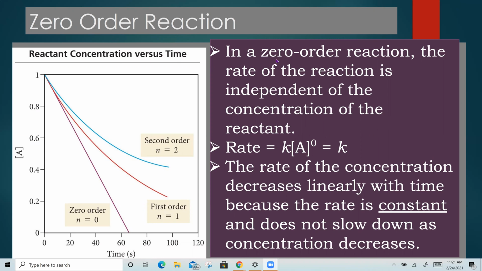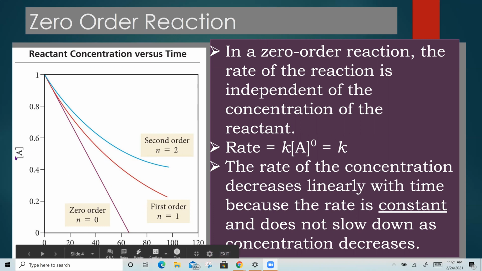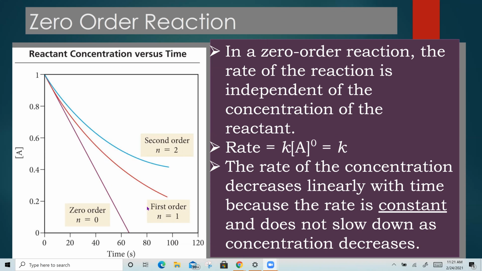Okay, so in a 0 order reaction, the rate of the reaction is independent of the concentration of the reactant. So what we're looking at here in this graph is concentration versus time. Even though the rate will not change in a 0 order reaction, the compound is consumed.